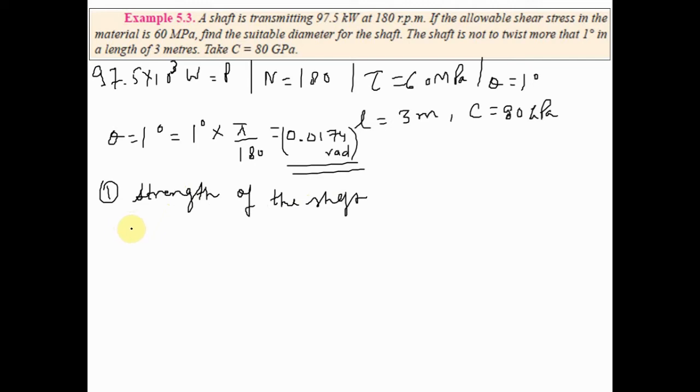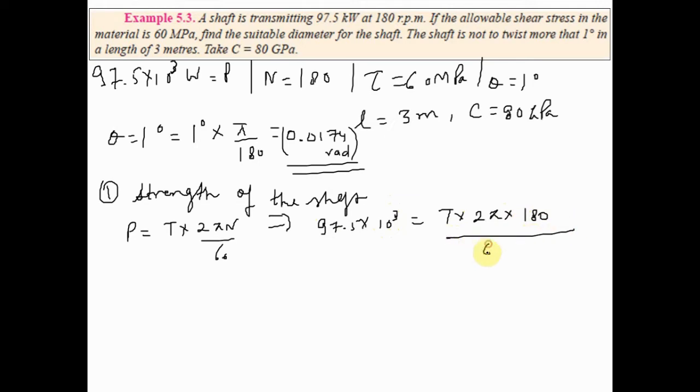We can get it from this formula: power is equal to torque into 2 pi N by 60. From here we can get the value of torque. So power we can substitute, 97.5 times 10 to the power 3 watts, is equal to torque times 2 pi N, where N is equal to 180, whole upon 60.